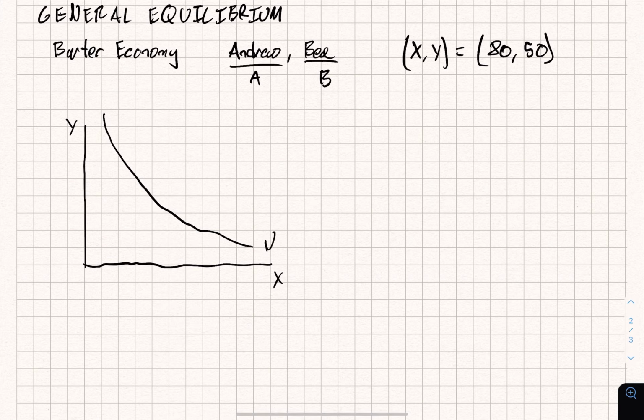We could call this U bar. And some endowment going to Andrew. We'll label this YA and XA. And this is the indifference curve for Andrew. And we could set this up for Bea as well. All we're saying here is there's some indifference curve, and it looks something like this.